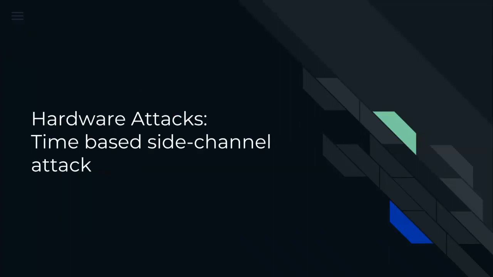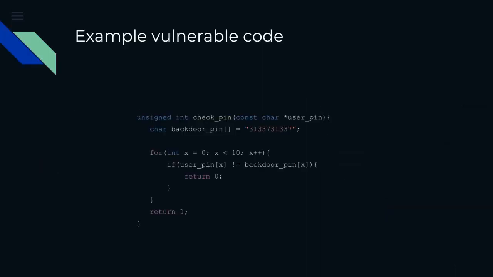So let's talk a little bit about hardware attacks, timing-based side-channel attacks. Imagine that you are running a microcontroller that has the following code. What's the problem with this code? If you check the lines that are highlighted right now, the device is going to return as soon as the comparison is not right. That means fewer instructions are executed.